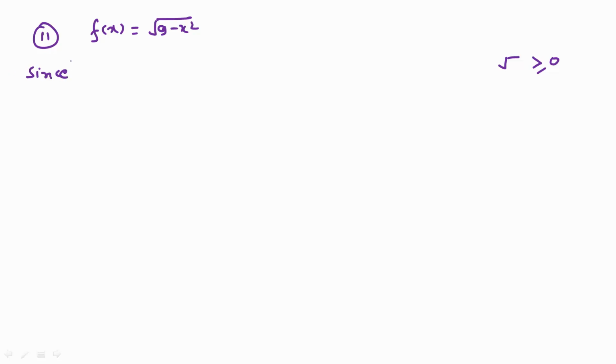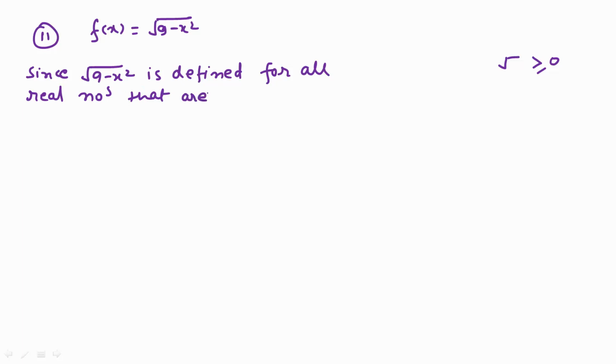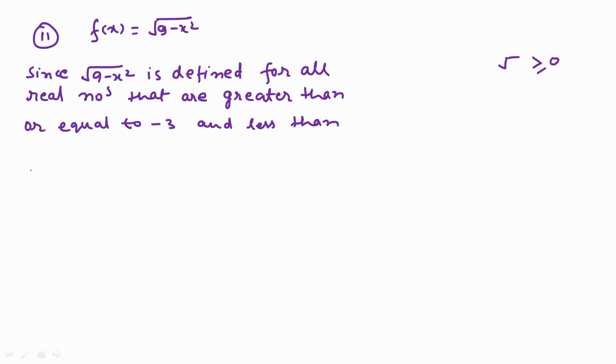Since √(9 - x²) is defined for all real numbers that are greater than or equal to -3 and less than or equal to 3.